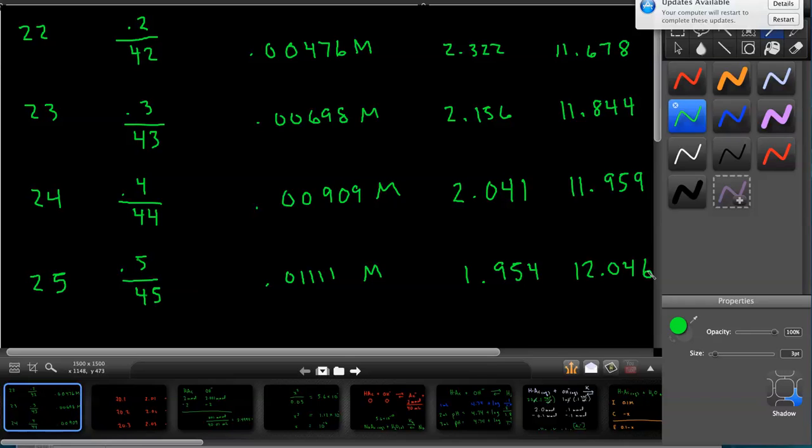And so now we're going to plot these last few points and then take a look at our theoretical titration curve.